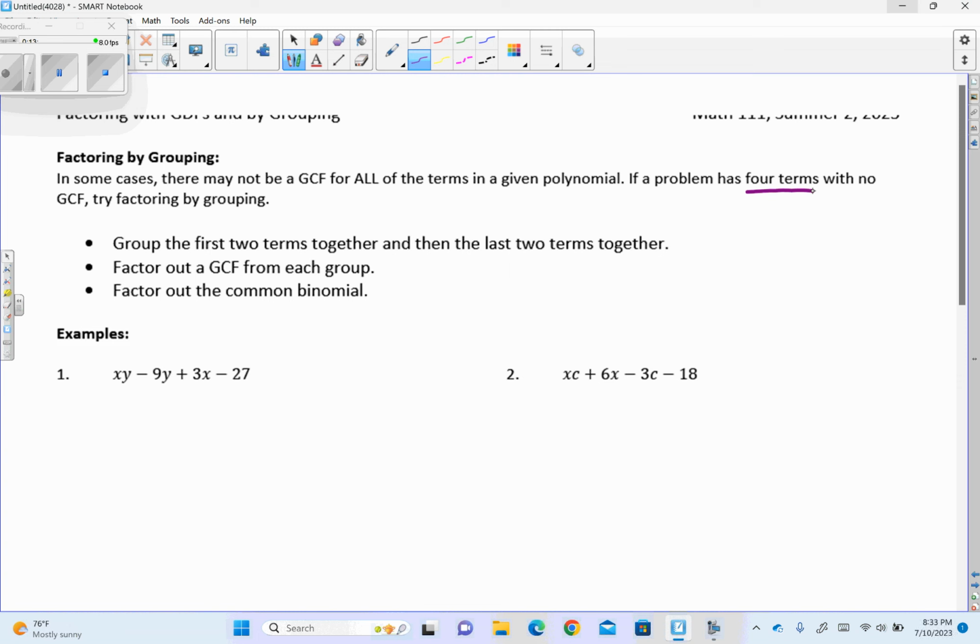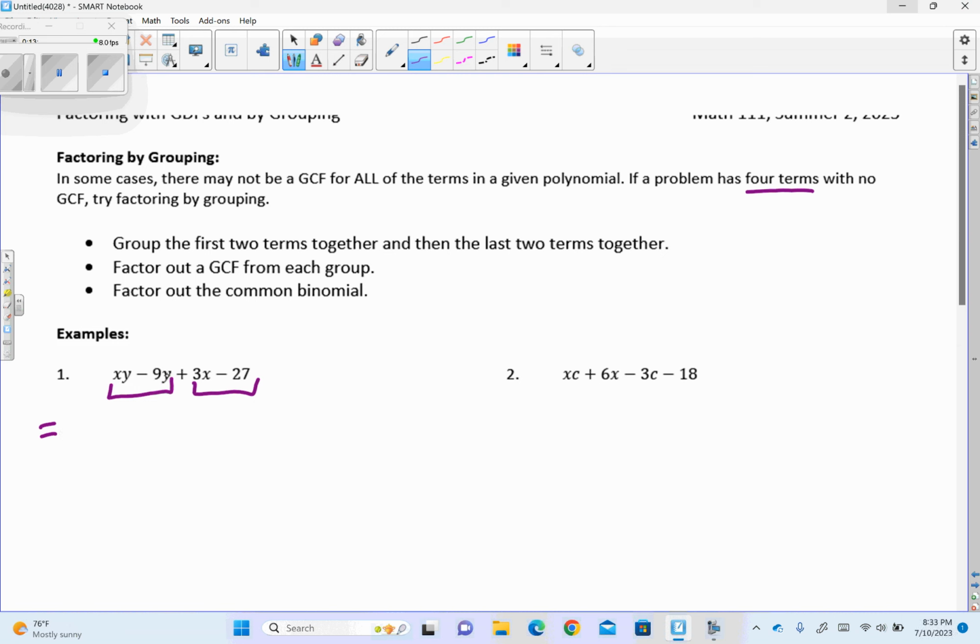Let's work through example 1 using the strategy. First it says to group the first 2 terms. So what that means is I'm going to group the first 2 and then we're going to group the last 2 terms. So what we want to do is factor a GCF from the first group, which is xy minus 9y.